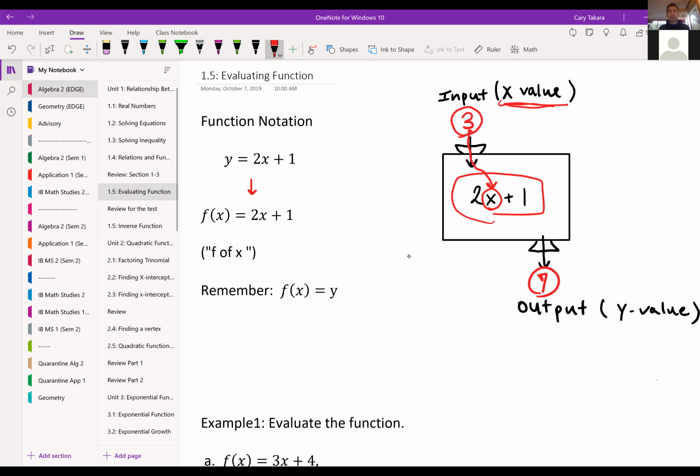So 7 comes out. When you put 3 into the machine, 7 came out at the bottom. Input and output. The input is the x value, and the output is the y value.